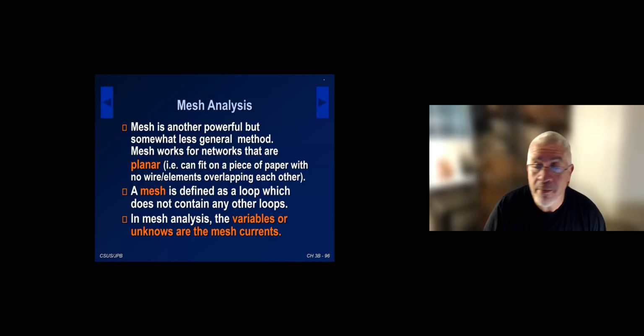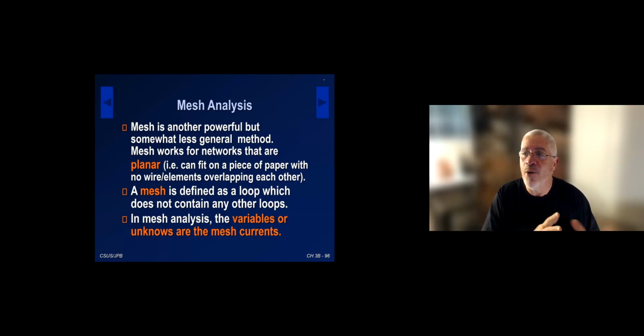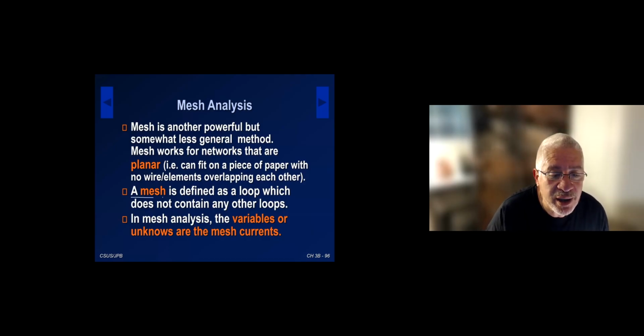So let's start with mesh here. Again, I will on purpose do a parallel with nodal. If you think about nodal analysis, what are the unknowns? The unknowns are the node voltages, and the number of unknowns is the number of nodes minus 1. In mesh, we're going to define something called a mesh.